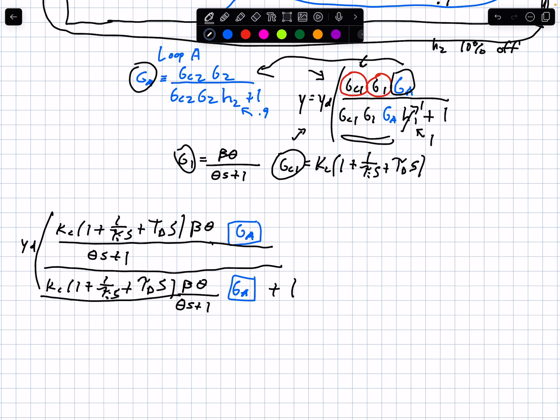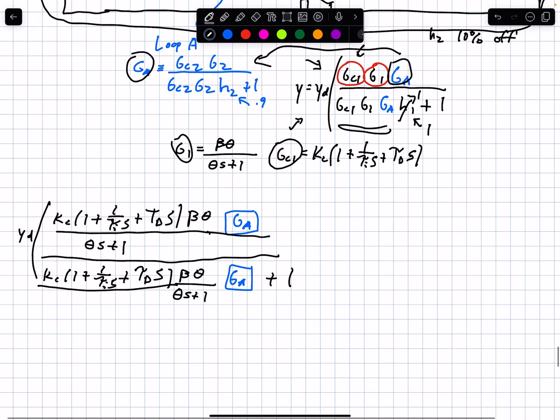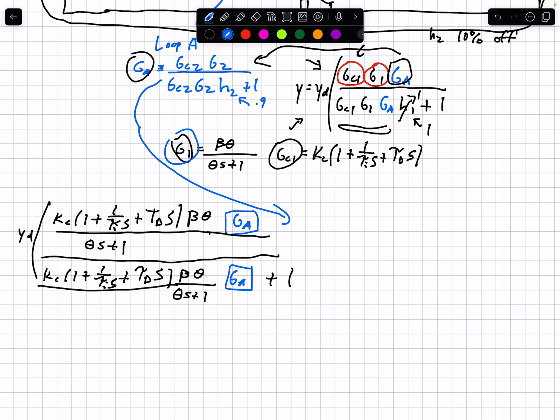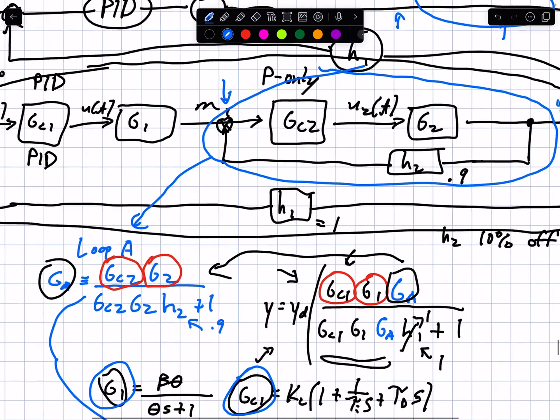And then you're going to have your plus 1 again. Now we're going to rewrite this GA equation over here, using the same form as these equations to rewrite the GA equation from class. We actually know G2 and GC2 from class. GC2 is equal to KC2, because it's a P-only controller.